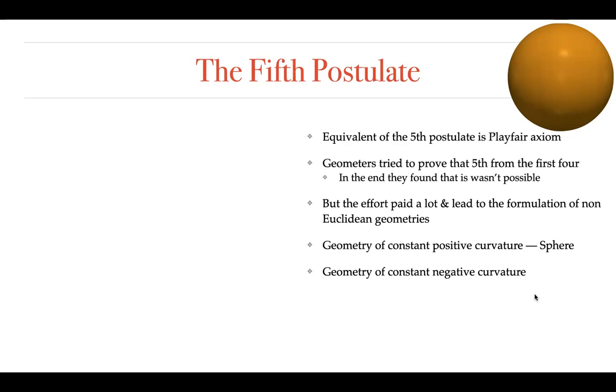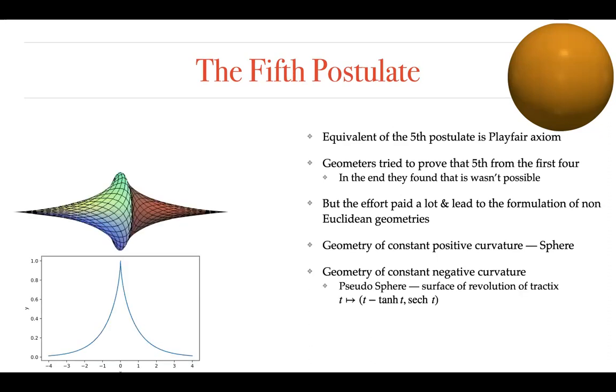Another example was surfaces of constant negative curvature. This is an example of a surface which has constant negative curvature, whereas before we had constant positive curvature. How do you get this?